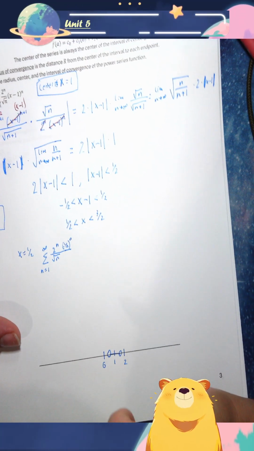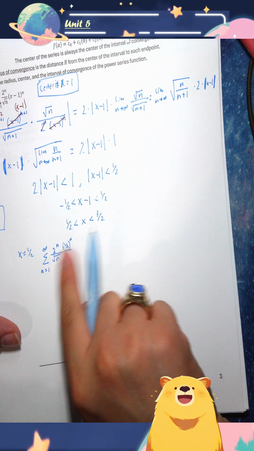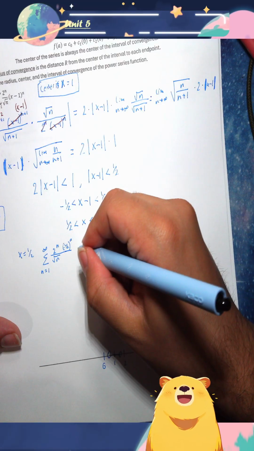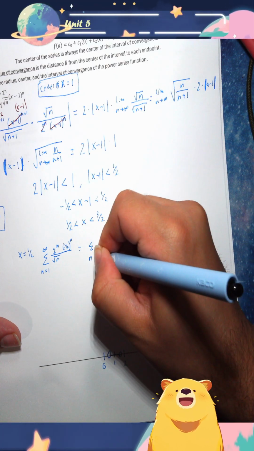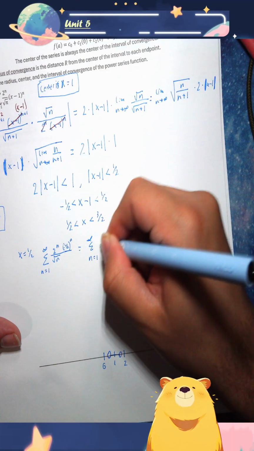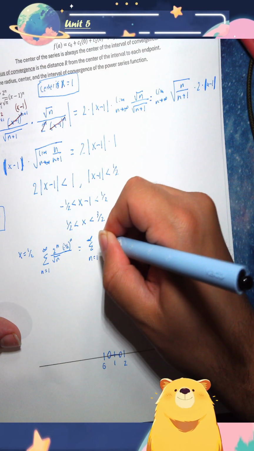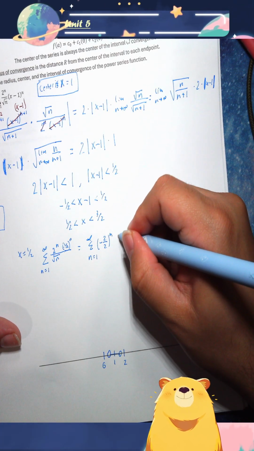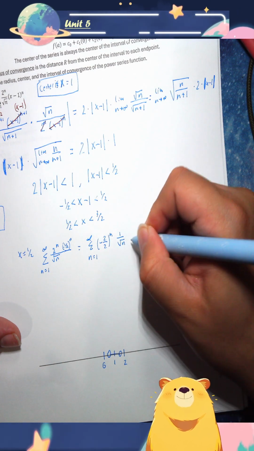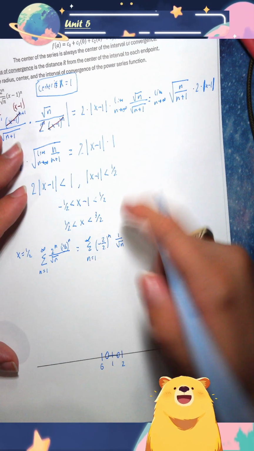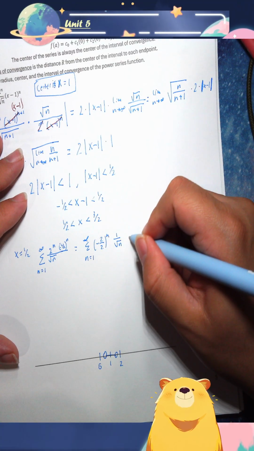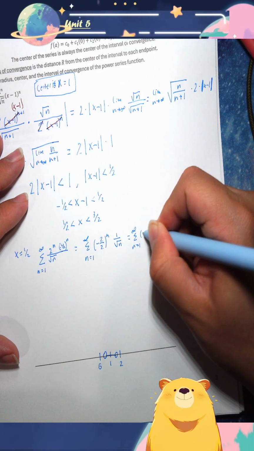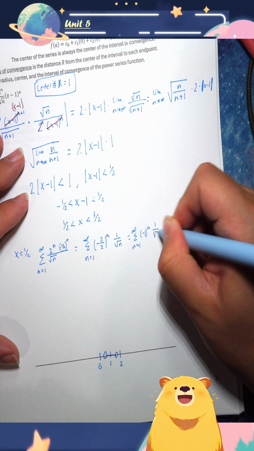Yes, okay. So because they share the same power, we could combine them. Oh, that's funny. And then we would just get negative 2/2 to the power of n, and times 1 over square root of n, which just simplifies to negative 1 to the n. And that's 1 over square root of n.